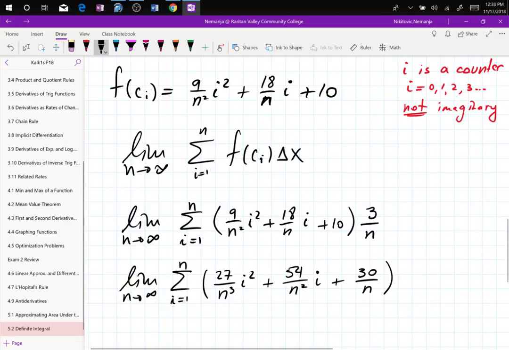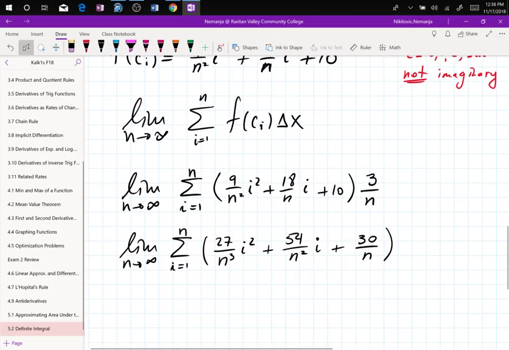And now, summations are additions, so I can separate all of these into 3 separate sums.